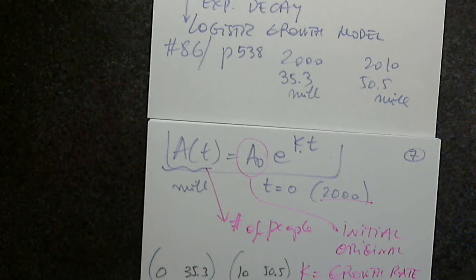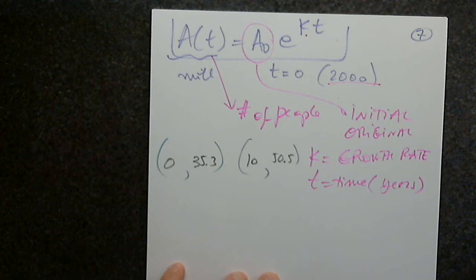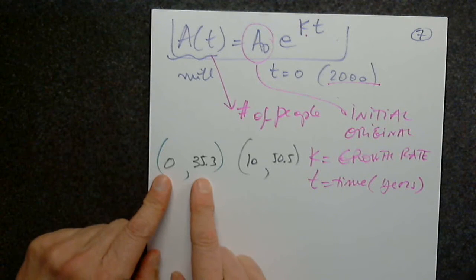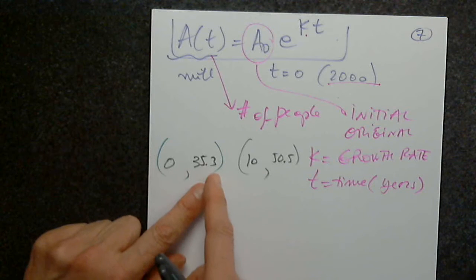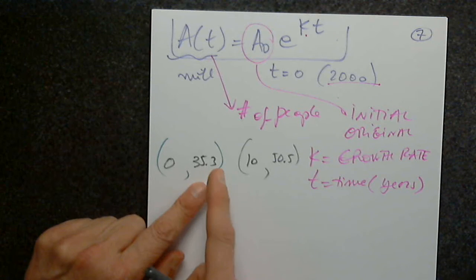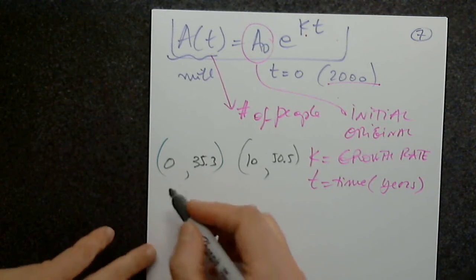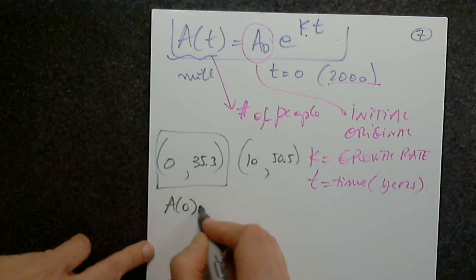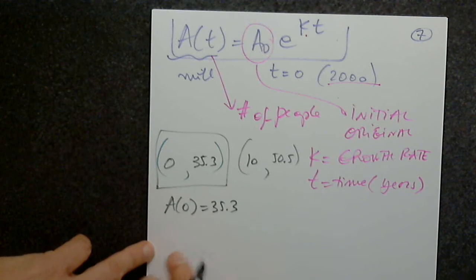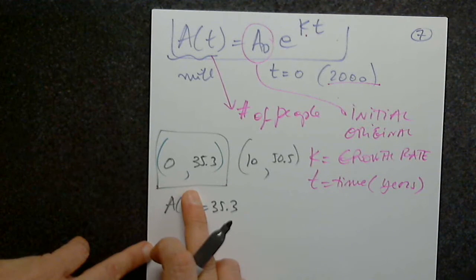Now, furthermore, what does this mean? When time is 0, A of 0 is 35.3. Remember, in any point, this is the hidden information. A of 0 is 35.3. This is what we are told here.